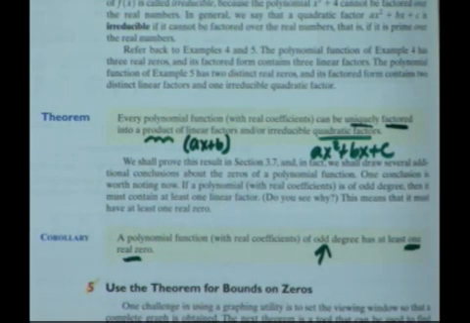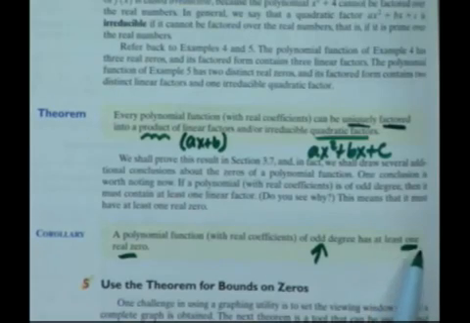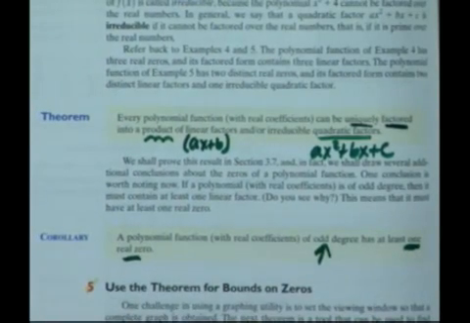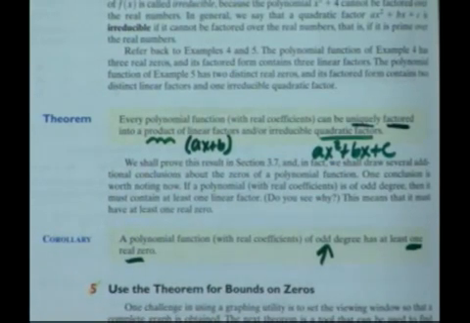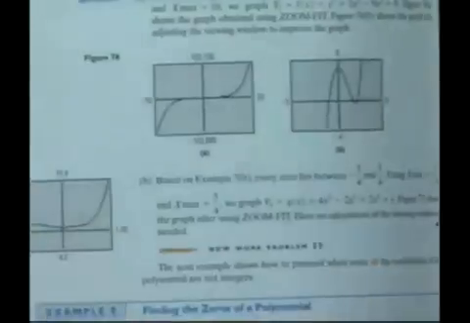The end behaviors go in opposite directions, so it's got to go through the x-axis somewhere. So it has to have at least one real zero. Objective number 5, bounds of zeros, was not covered in this course. And I think we are ready to take a problem.